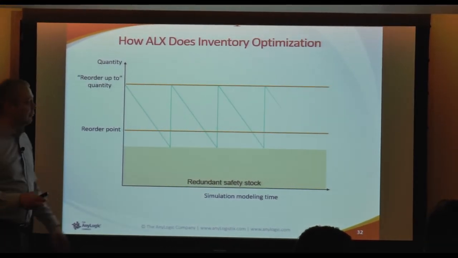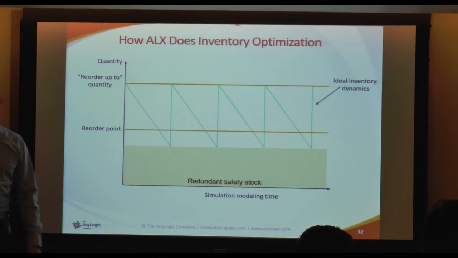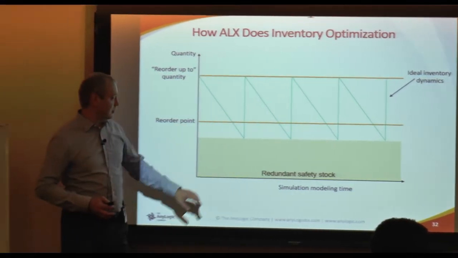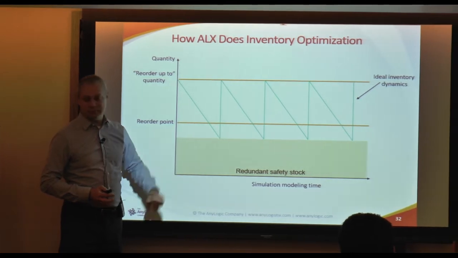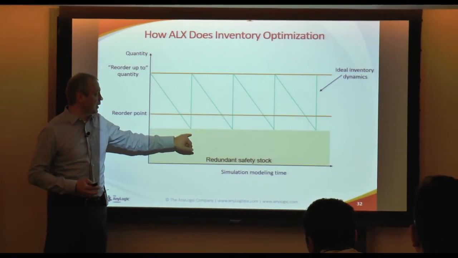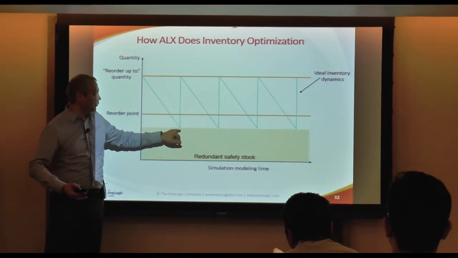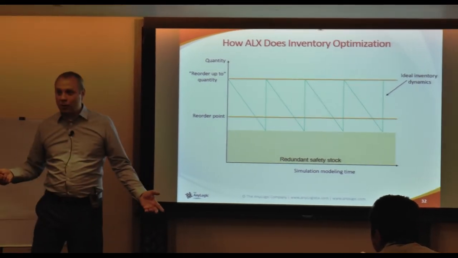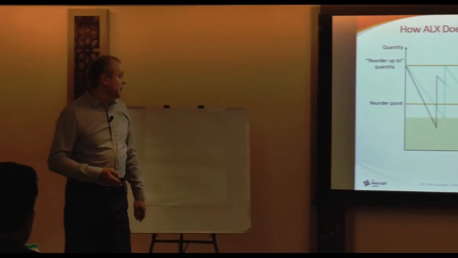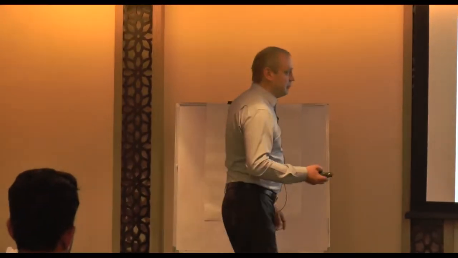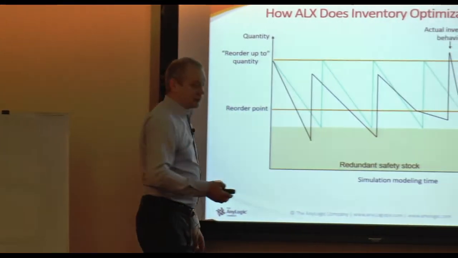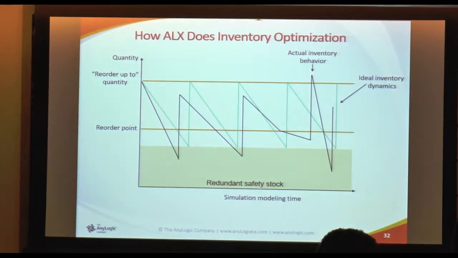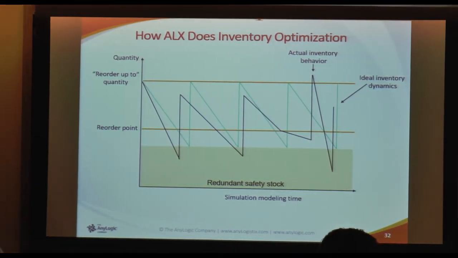Then if we have the ideal inventory dynamics, that's the dynamic we will have. Once we reach that point, we get the next portion of inventory and get to that point. But in the real world, it's never like that. In the real world, it may be like that, for example. And in the dynamic simulation, since we introduce this variability, the demand variability, the lead time variability, it will also work like that.